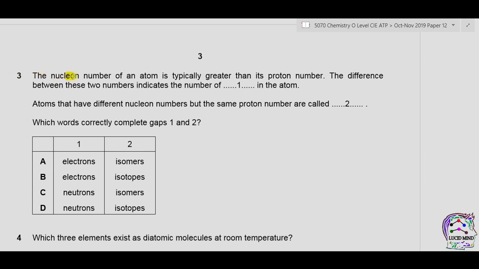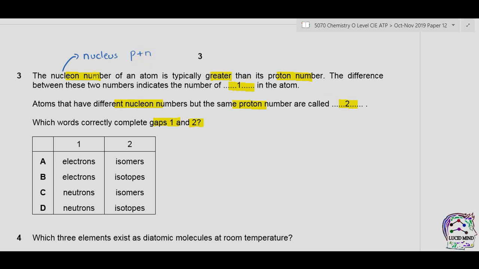Question 3. The nucleon number of an atom is typically greater than its proton number. The difference between these two numbers indicates the number of blank in the atom. Atoms that have different nucleon numbers but same proton numbers are called blank. Which words correctly complete gaps 1 and 2? Now the word nucleon has come from nucleus, and we know that in nucleus of an atom protons and neutrons both are present.